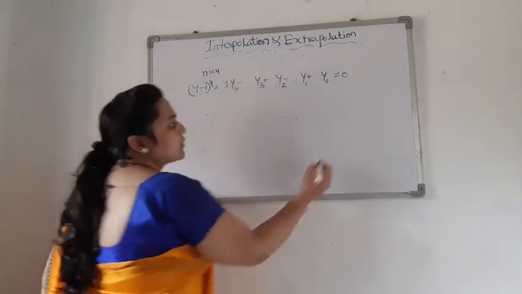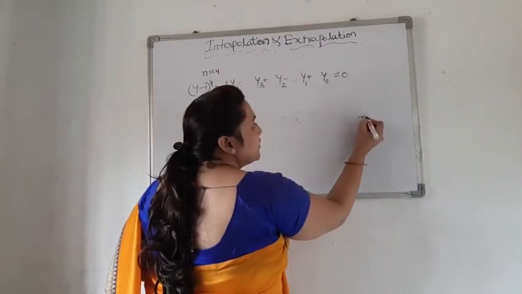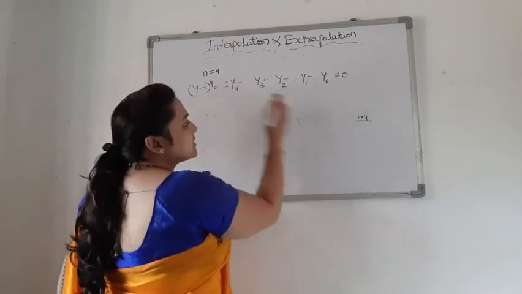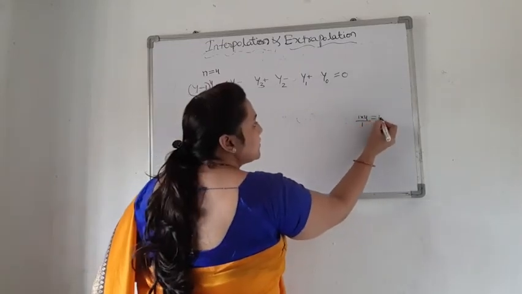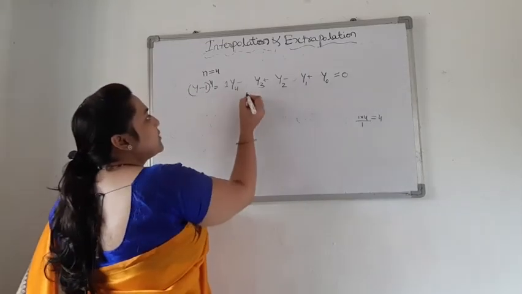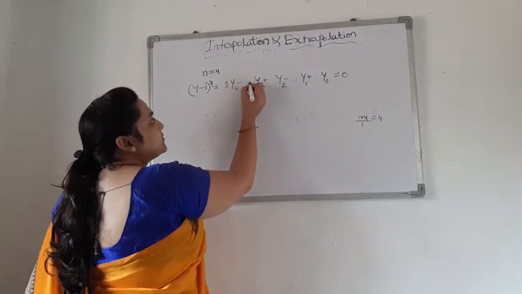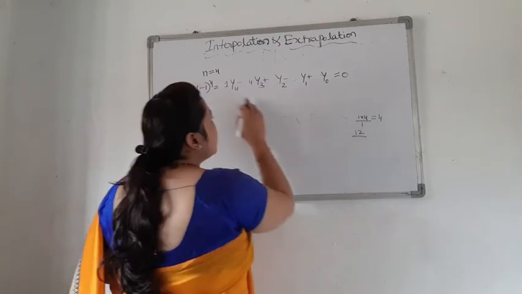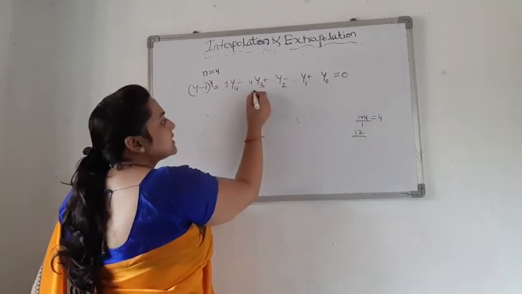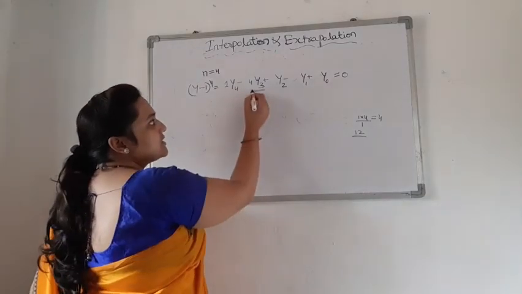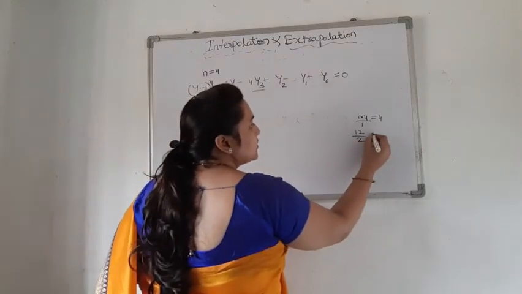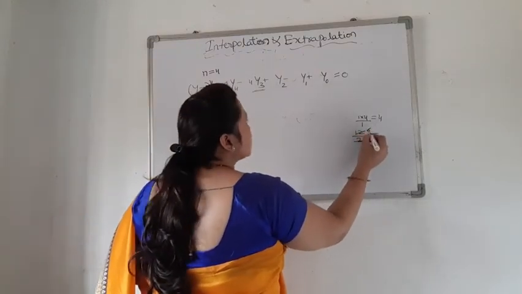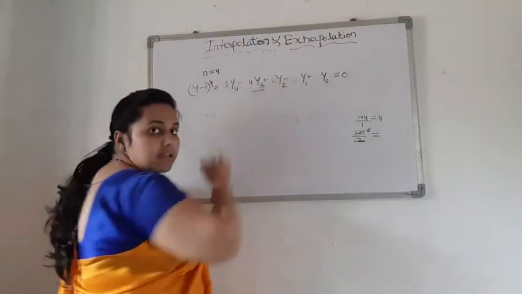1 into 4 divided by the first term is 4. 1 into 4 is 4, divided by 1 is 4. 4 3s are 12. 12 divided by the second term. It is the second term, sequential order is second, so 2. 2 6s are 12, so 6. This 6 is assigned here.